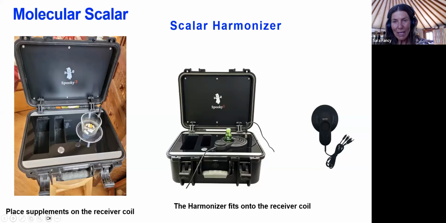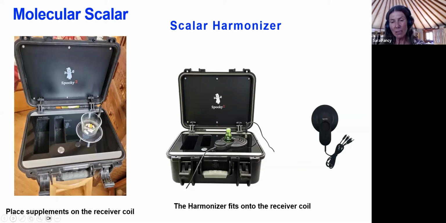So then on the right here, we have the scalar harmonizer. So the scalar harmonizer is an independent device. It's here on the right. See that? Like it looks like a disc. And then it has a little indentation in there where you can put oils in there. That's what that's for. So you can combine that with the molecular mode. Right?